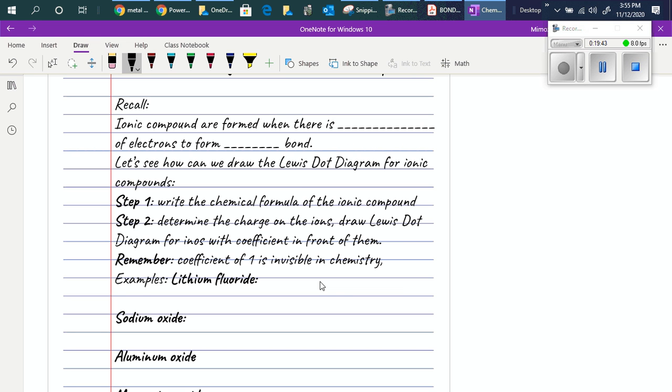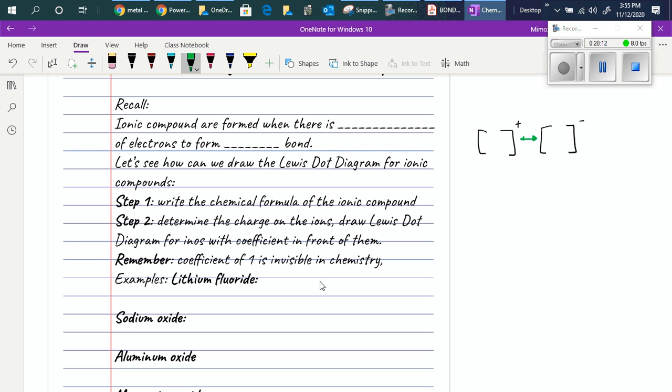Then we again have two entities, one positively charged and the other negatively charged. In between those two exists what is known as the electrostatic force, because two opposite charges will attract each other. They will attract each other to form an ionic bond.